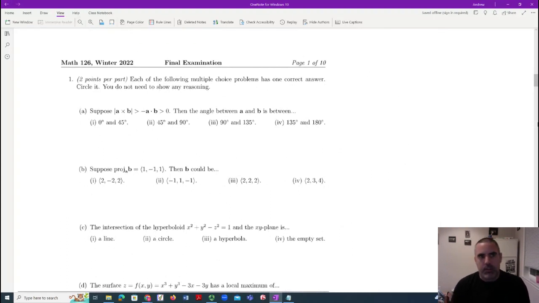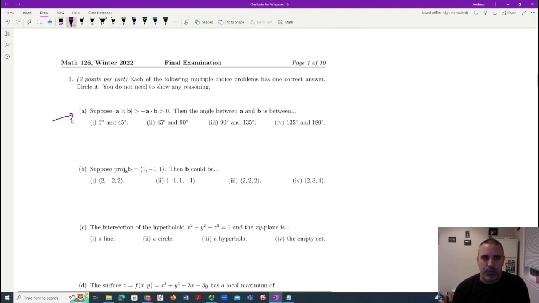Some quarters, I'm not as keen on these, but some instructors like having multiple choice. When I get a multiple choice question like this, there's two thoughts in my head. One is, is this a known fact? Like, can I directly compute it? Well, then I'm done.